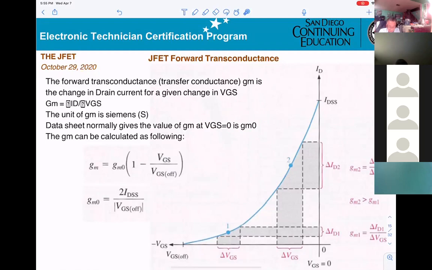Normally, they give you GM0, so you can calculate the GM. However, if they do not give it to you, you can still calculate it: GM0 equals 2 times IDSS divided by the absolute value of VGS off. The thing is, GM0 is not negative. That's it.